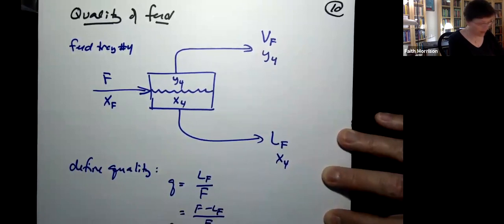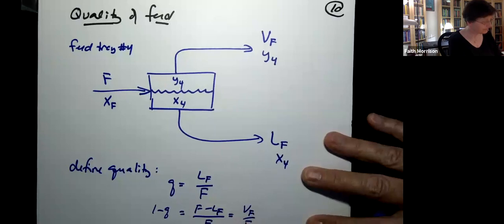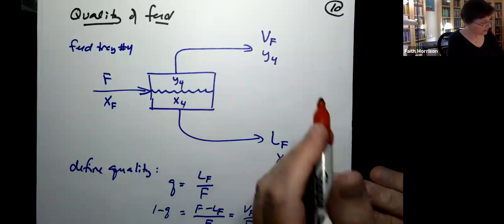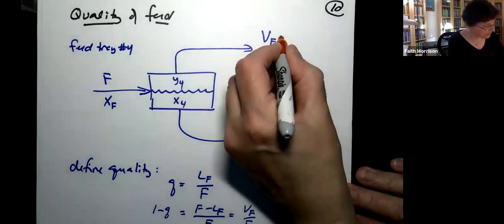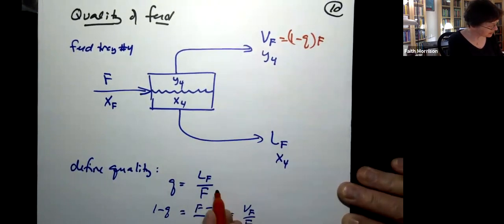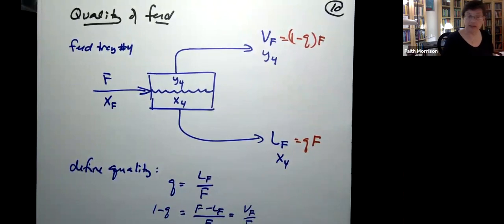And then we can see that that must just be 1 minus Q. So that's all it is. We've just organized the possible condition of the feed through this quantity Q. And so V_F is 1 minus Q times F, and L_F is just Q times F. So those were the things that we needed.